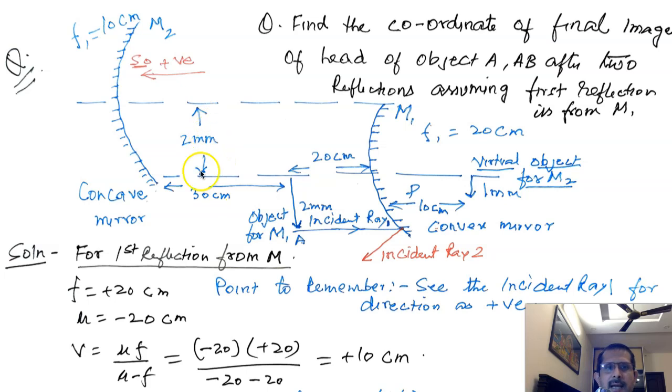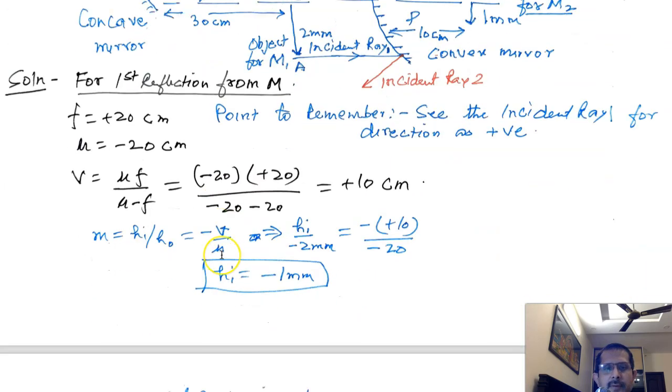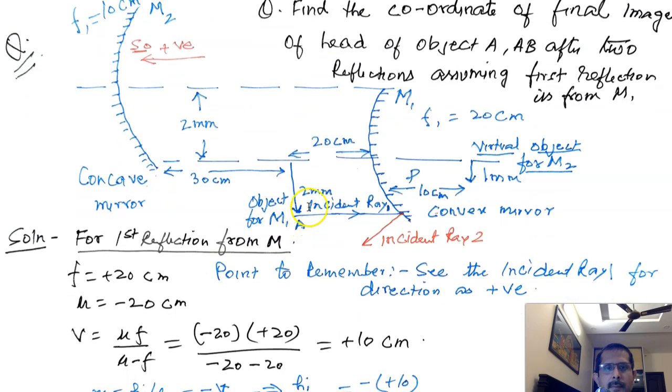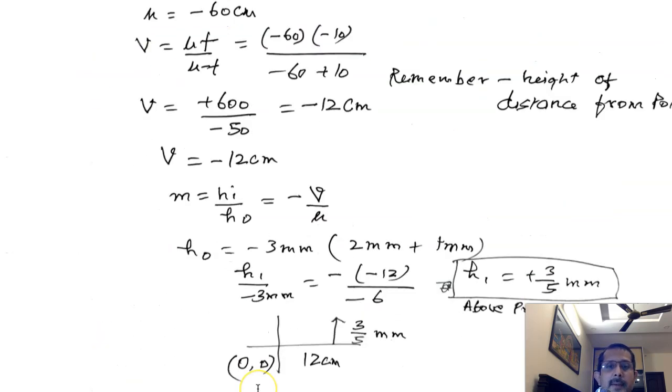Correct? The earlier magnification which we found, right? Here we have found out, yes, 2 mm. So the total is 2 plus 1, which is 3 mm, and in the negative direction, so it is minus 3 mm.